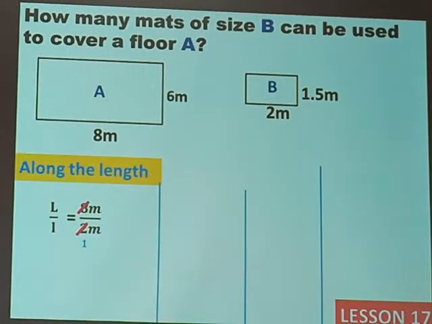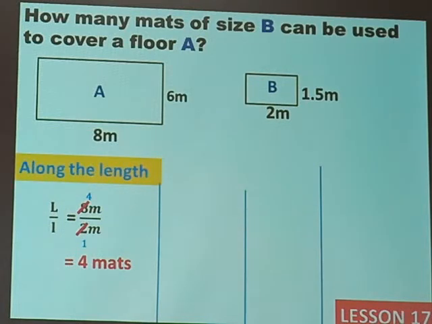We're cancelling. We shall get 4. So we are looking at how many mats can fit along our length, and we have clearly seen that we shall be able to put 4 mats only. It will cover the length of the floor.